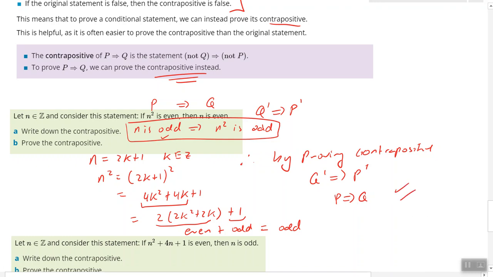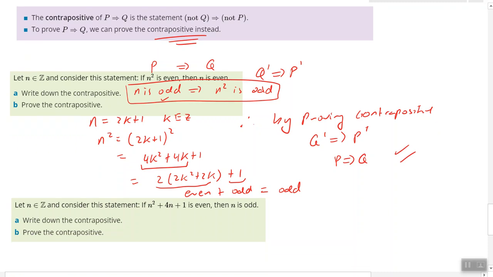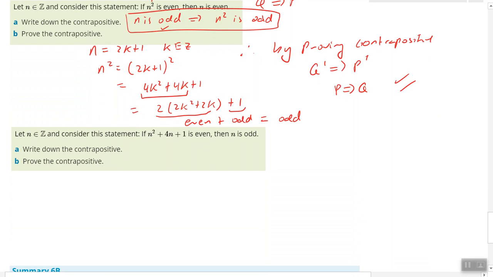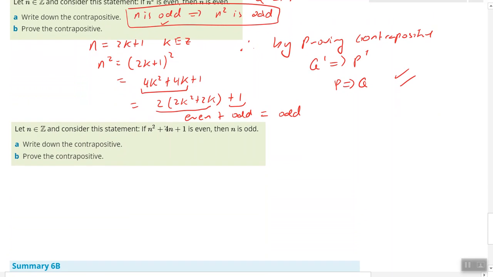Okay, so that's done. Let's do another one, just to really get this concept. If n squared plus 4n plus 1 is even, then n is odd.